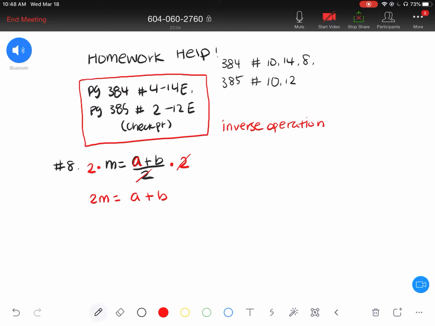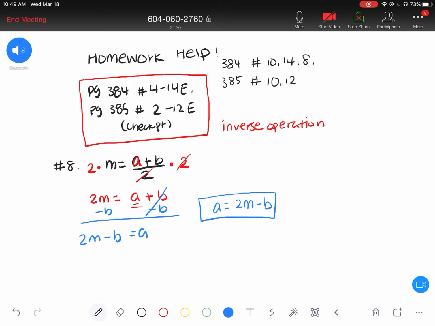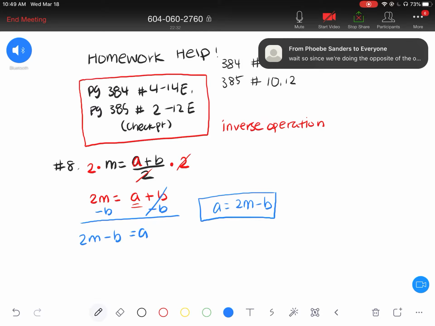I'm solving for a, so I need to get rid of b. Second step, I subtract b from both sides. So I have a equals 2m minus b, and that is it. That's how you solve it.